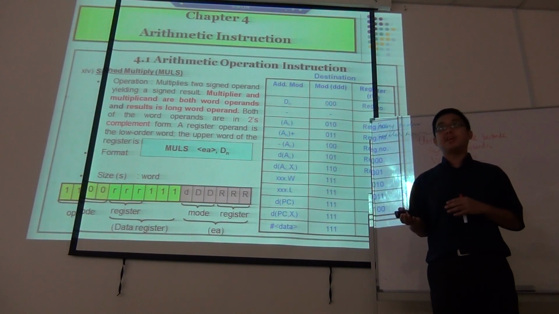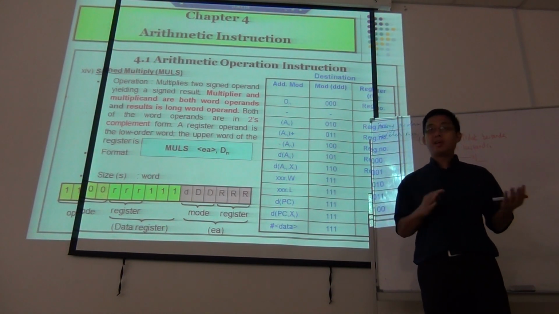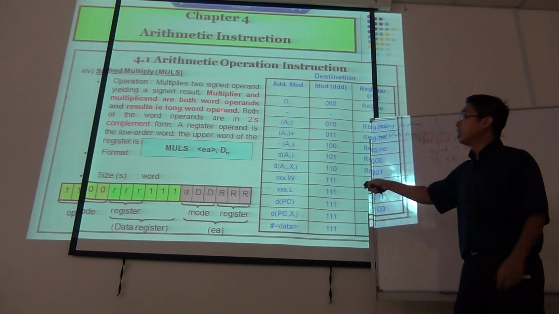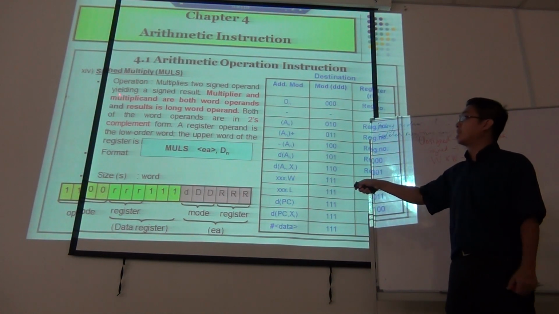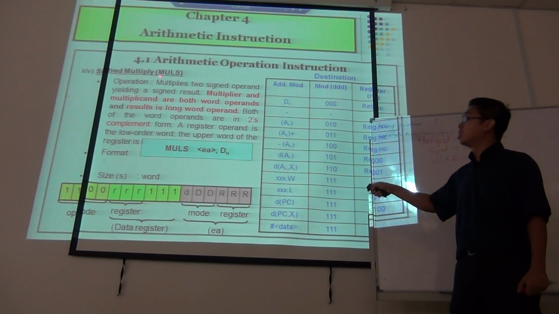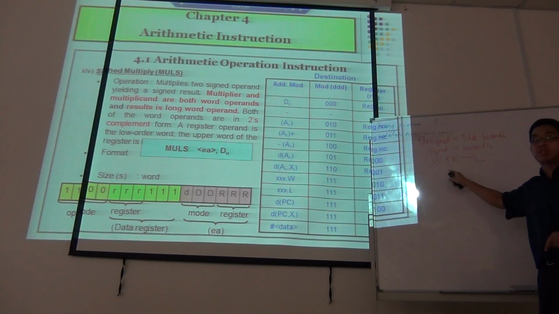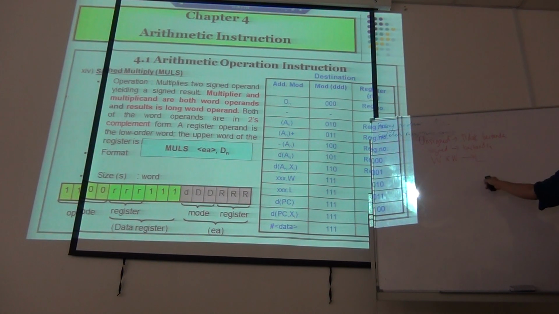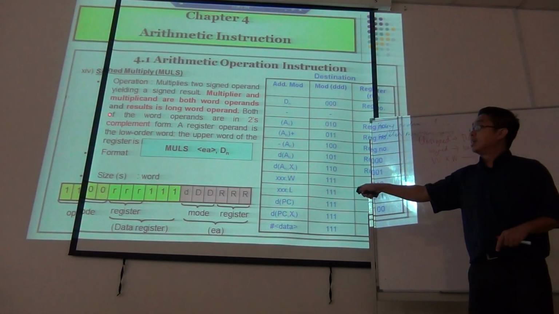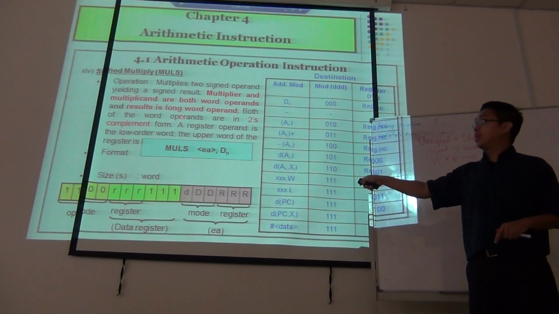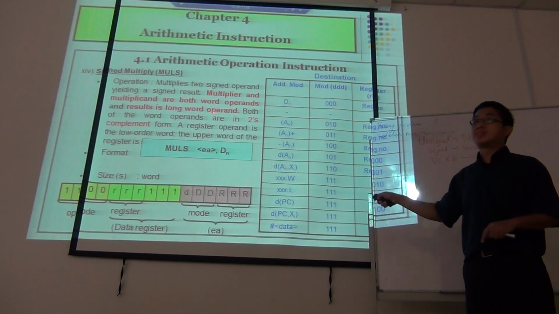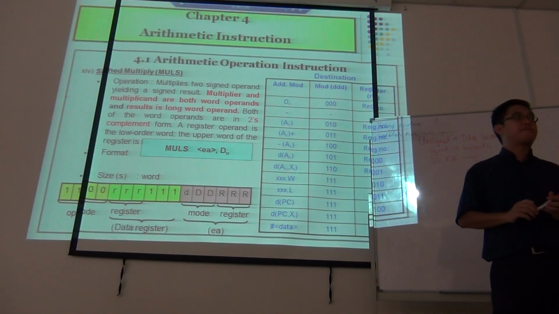Positive times negative will be negative, and vice versa. Again, the multiplier and multiplicand are both word operands, and the result is a long word operand. So it means that W times W is equivalent to L. Both of the word operands are in two's complement form.